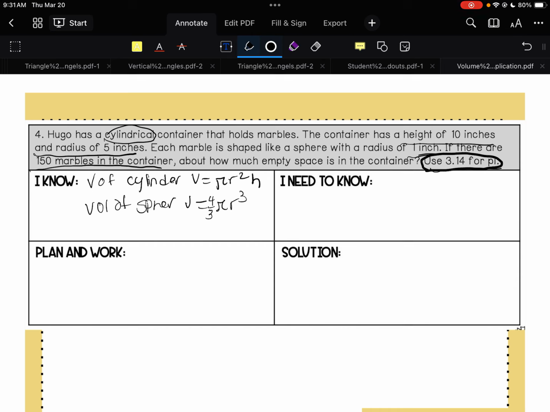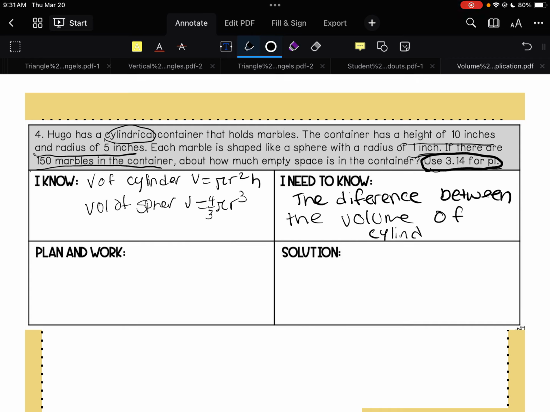So we need to know the difference between the volume of the cylinder and the volume of marbles.